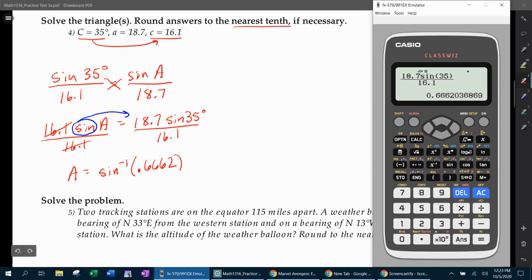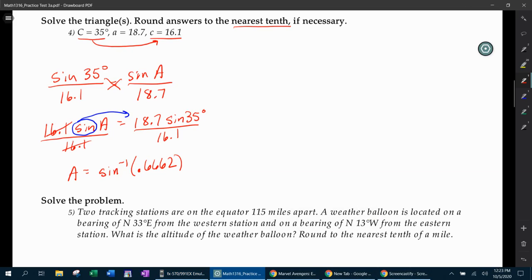And then if I do the inverse sine of that, let's see, can I do it like this? Inverse sine of the previous answer. Cool. And that is going to be degrees. So that'll be 41.8 rounded. Where should I write that? 41.8 rounded. Let's note it up here. A is 41.8 degrees.